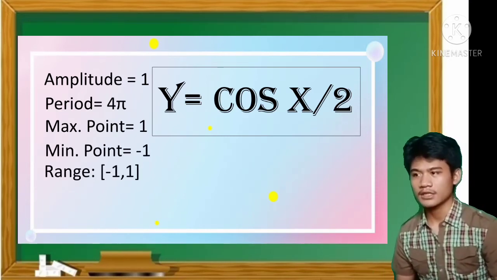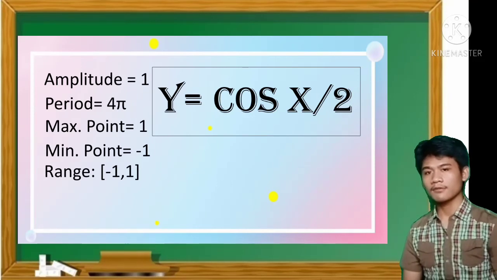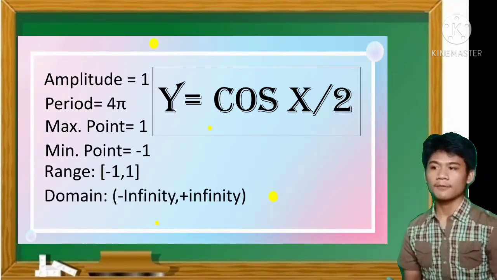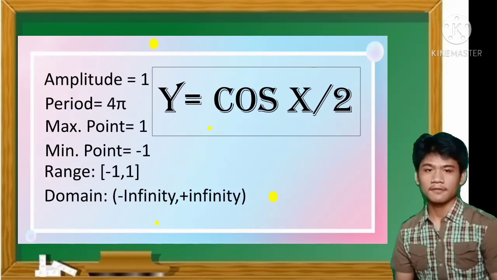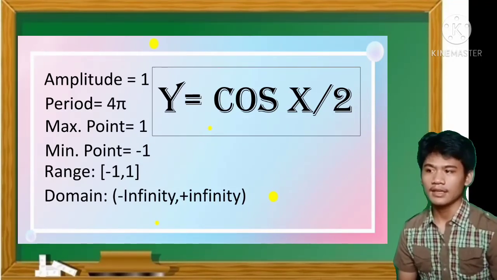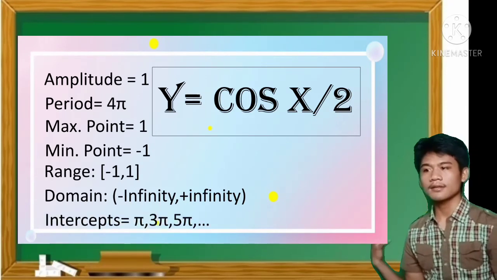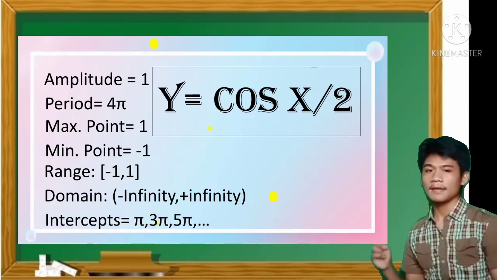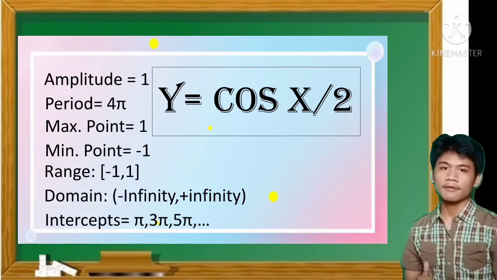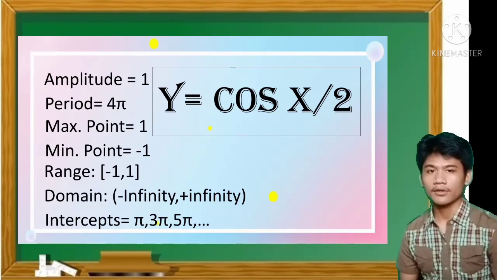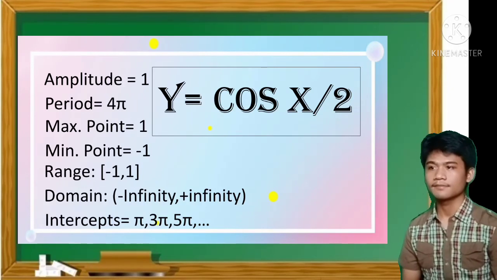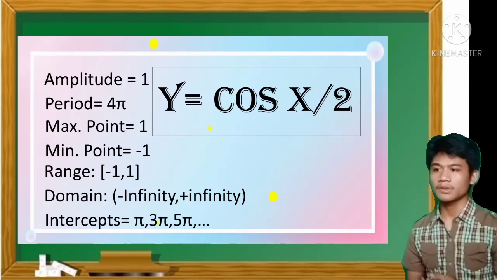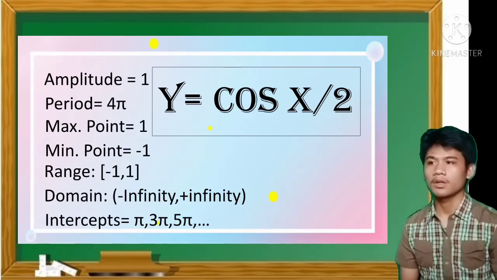The range is the bracket negative 1 and 1. The domain is negative infinity and positive infinity, and the intercepts are pi, 3 pi, and 5 pi, and so on, or the number of our pi. Since the graph is continuous, we have this "and so on" symbol.